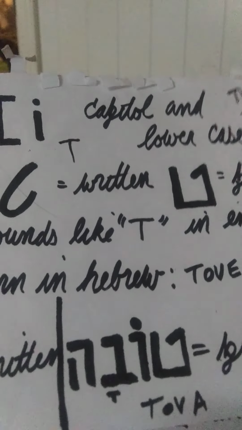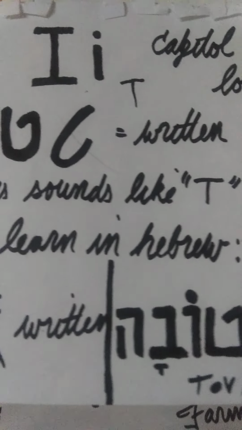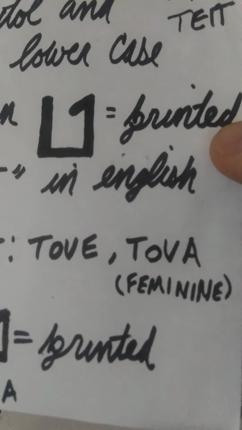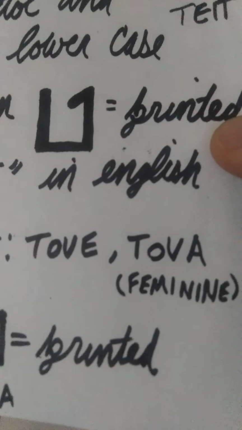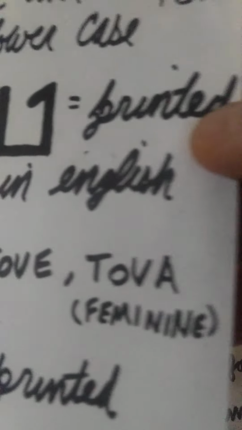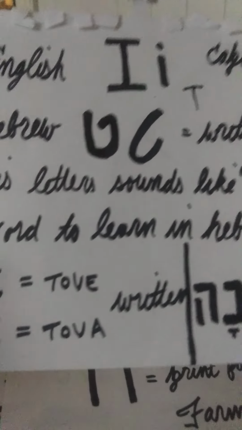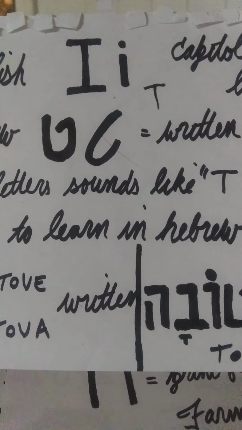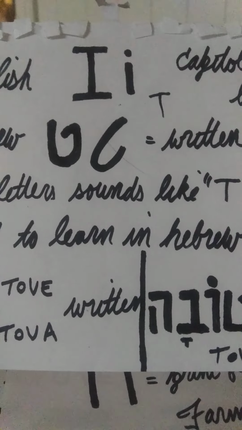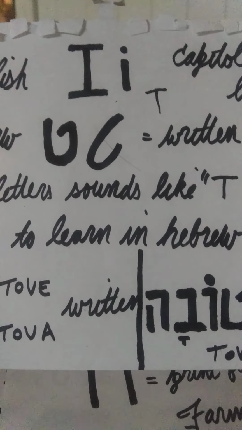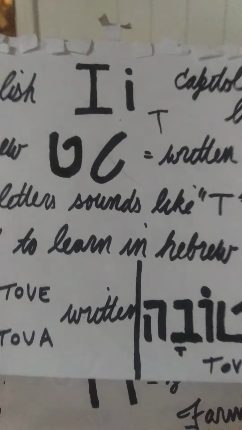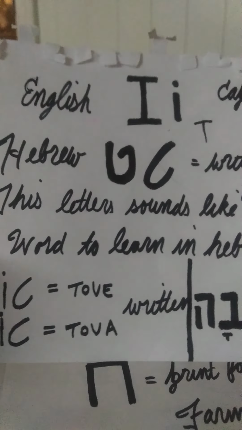So we're going to learn a word in Hebrew. Tov, tova, feminine. That's the feminine form of the word. So tov or tova. What does that word mean? You know, I'm going to have to look up what tova means, because that wasn't in this little card that I put together.